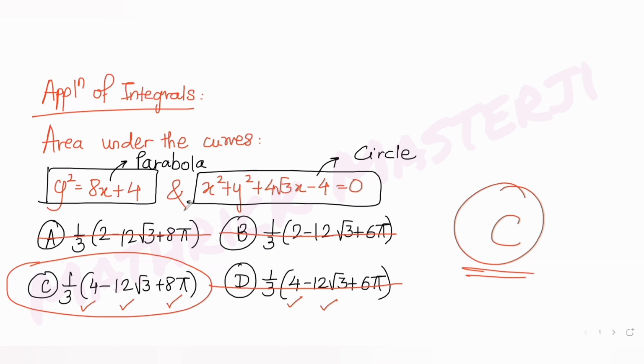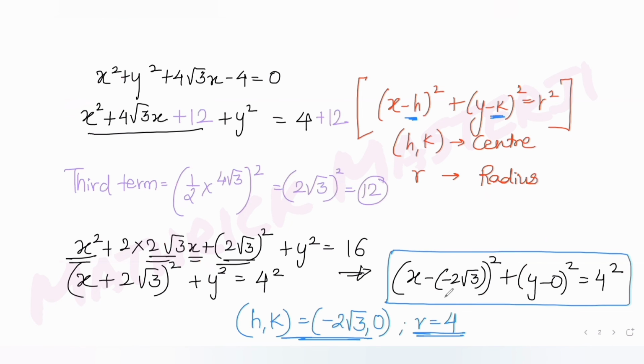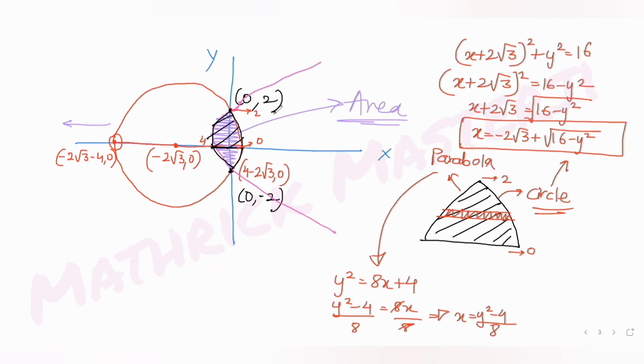I hope you have understood how to solve this type of questions, which deals with finding the area between the two curves given. So we just simplified our equation of circle. We understood where the center and the radius of the circle lies. Then we also simplified our equation of the parabola. We found the common region. We understood that region is nothing but double of this much part.